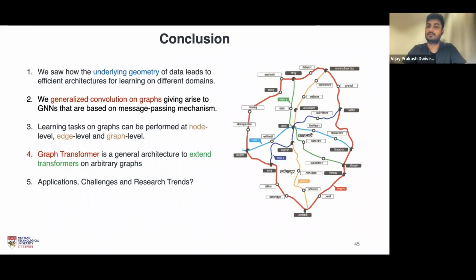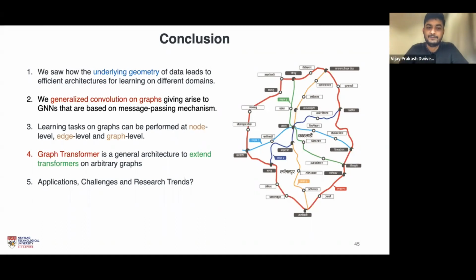In the similar case of graphs, if we did not have GNNs, we would require several permutations of the same graph in order to learn the permutation invariance on the data. So we saw how this underlying geometry is important in order to decide which architecture is good for which. And in the next session, in the afternoon session, Professor Michael Bronstein will specifically deal with this and he will present this principled framework.